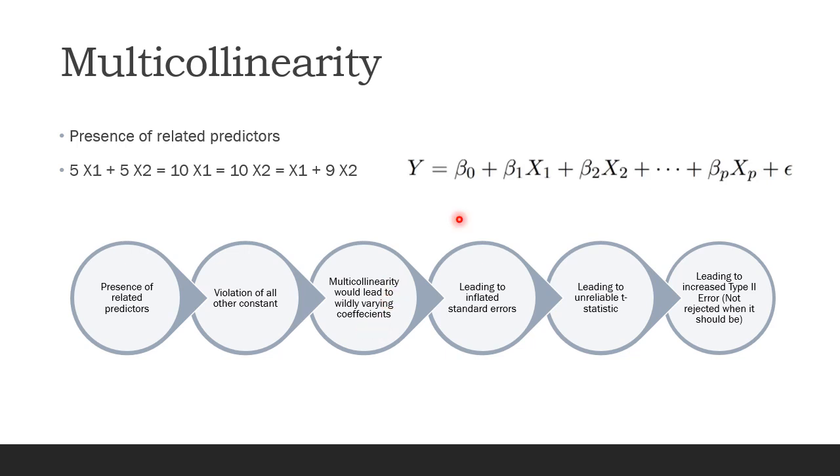And again, if any of these relationships is there, there would be a large difference between the coefficient values for x1 and x2 respectively. Because of this difference, when we calculate the error terms, the error terms may get too inflated, and inflated error terms would lead to unreliable t statistics.